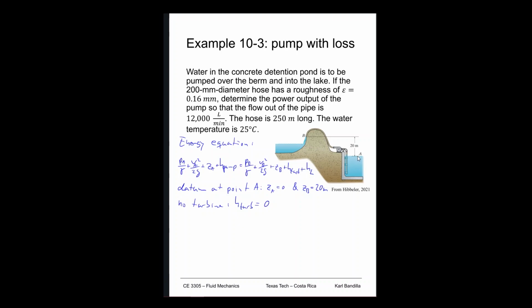We know that both points A, right? So we start somewhere here and somewhere there. So points A and B are in contact with the atmosphere.